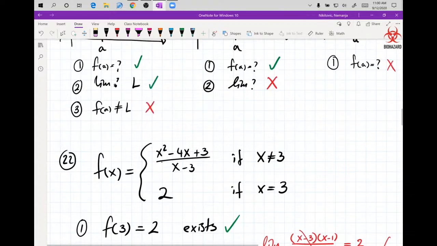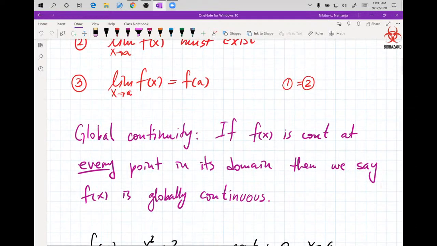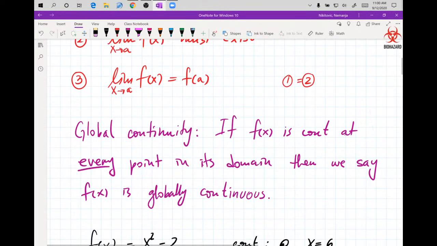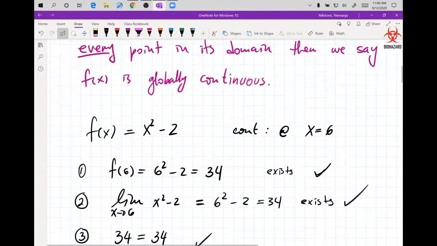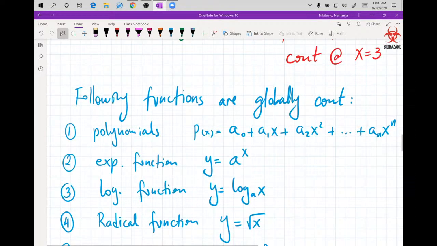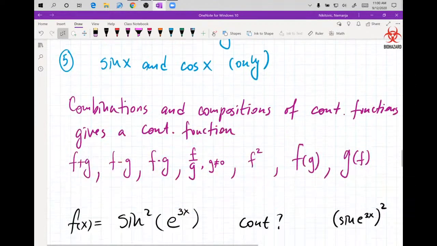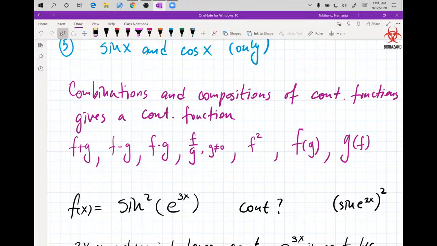Continuity. We start with the continuity at the point, and then we define it with the 3 rules. Then we define global continuity. Then we give the theorems on which functions are globally continuous. Then we talk about combinations of those functions.